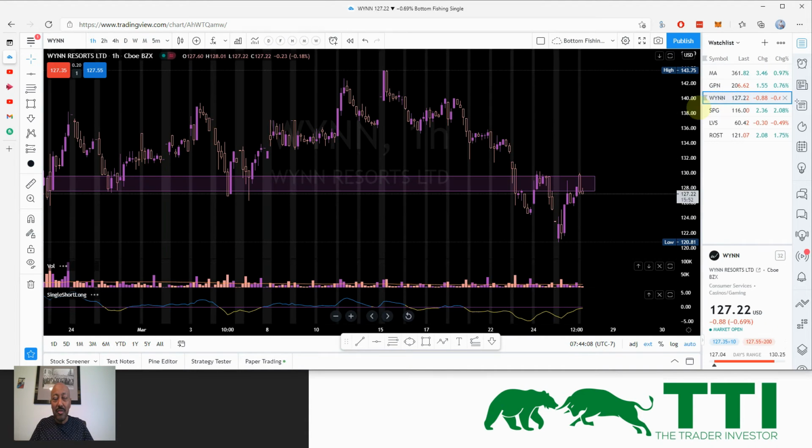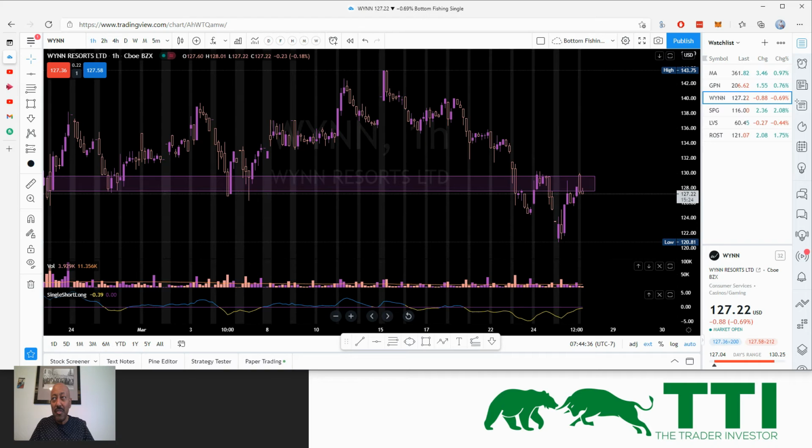When I wanted to show you this, my support is an area, right? I always say support is an area. It's not a single point. And overnight, early morning trading, got rejected inside that resistance area. Price, from yesterday came all the way up to that resistance area and it got rejected and is even trading lower.